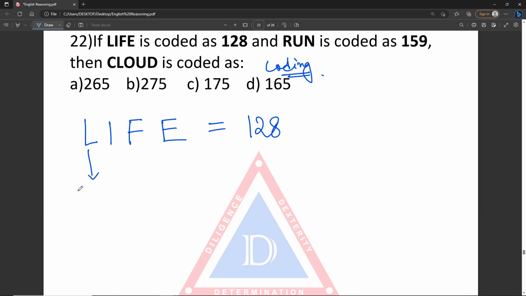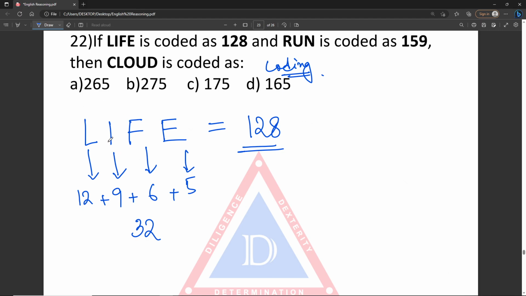Place value of L is 12. Place value of I is 9. Place value of F is 6. And place value of E is 5. Just add it. If we add it, what can we see? 6 plus 5 is 11. 11 plus 9 is 20. 20 plus 12 is 32. But here it is 128.